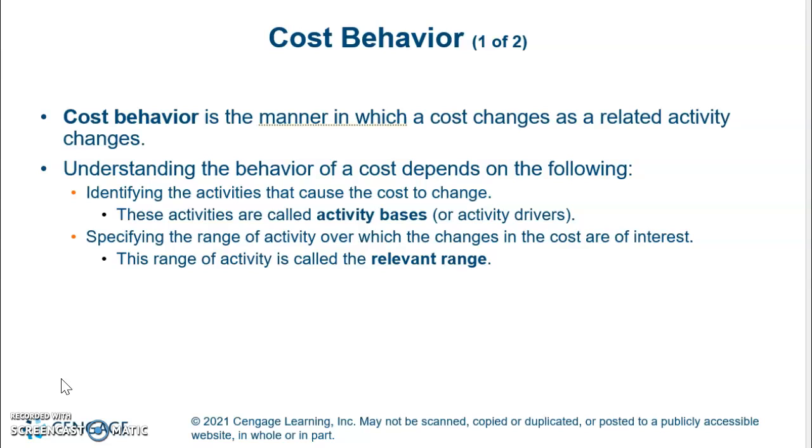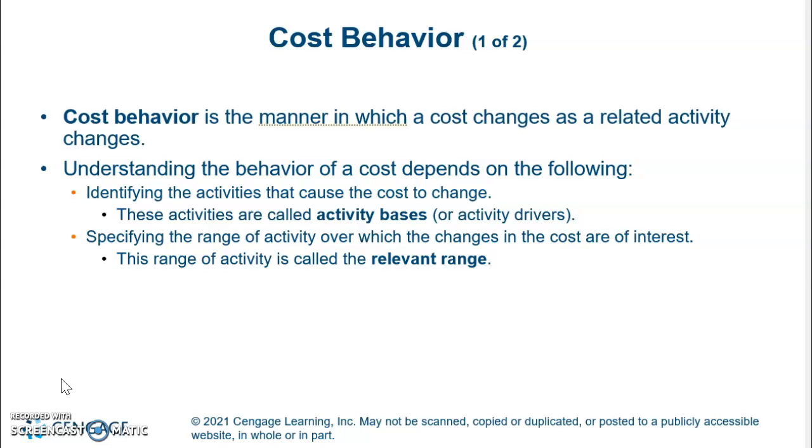When we see the word volume, don't be thinking about volume as an audio volume. Instead, be thinking about quantity. That's what we're talking about. So changes in, for example, how many of something we sold, that would be volume.